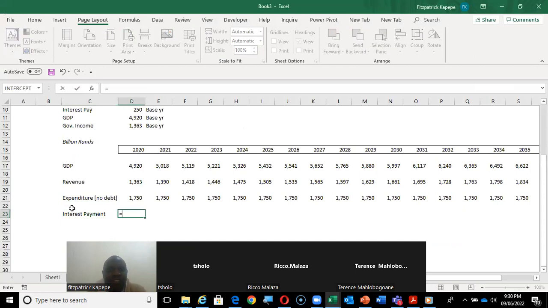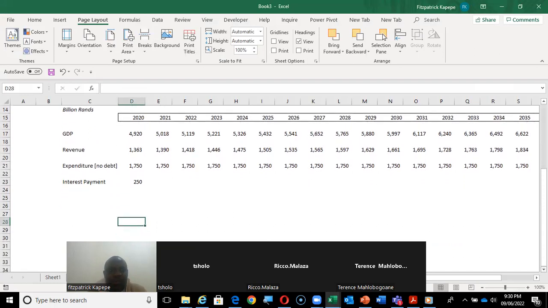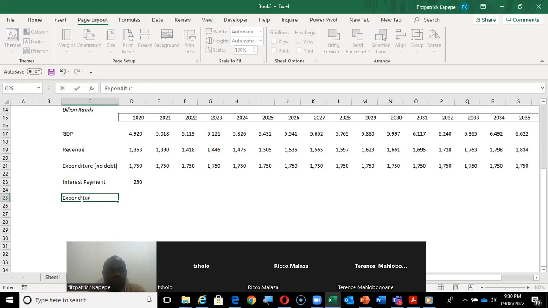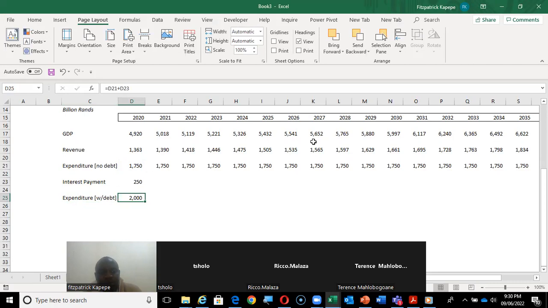So the interest payment in 2020 was that, taking expenditure now with the debt service. So in total, we have these two numbers.